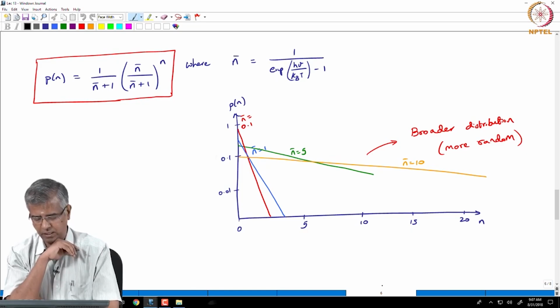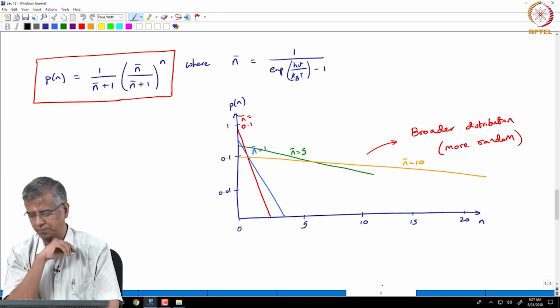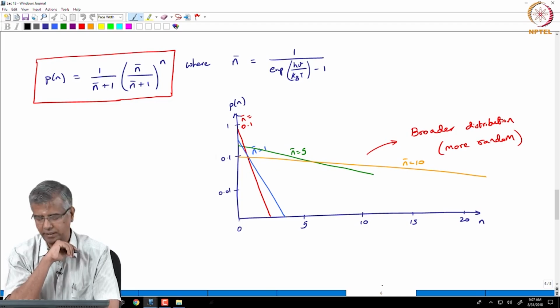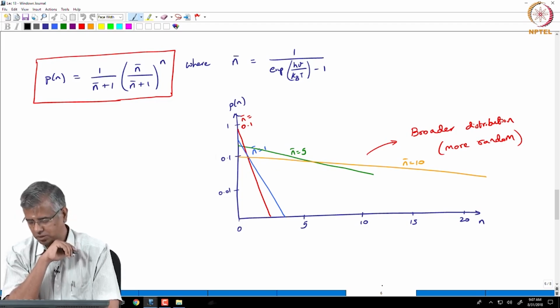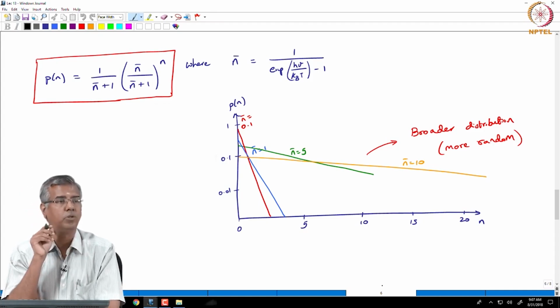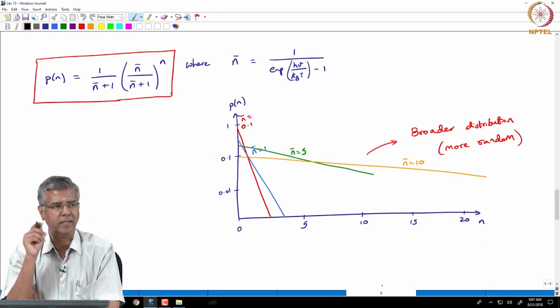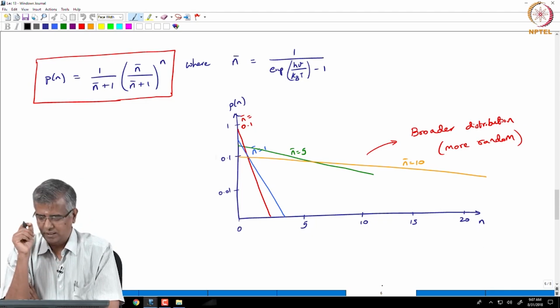So what we are saying is, for thermal light sources, the probability of finding n photons is something that could be quite broad, right? So which means that if you have an average number of photons as 10, and you go to a very small time scale, let's say a nanosecond time scale.